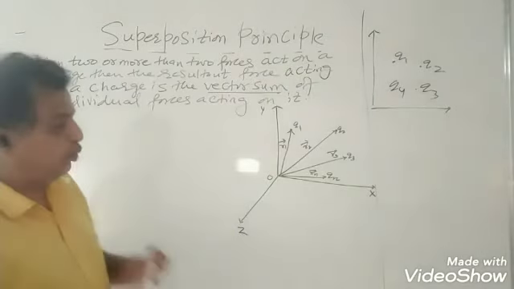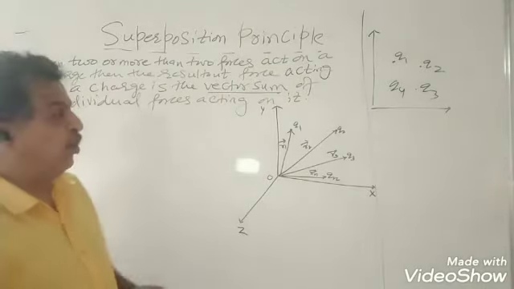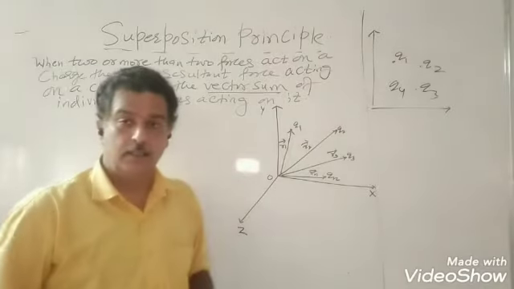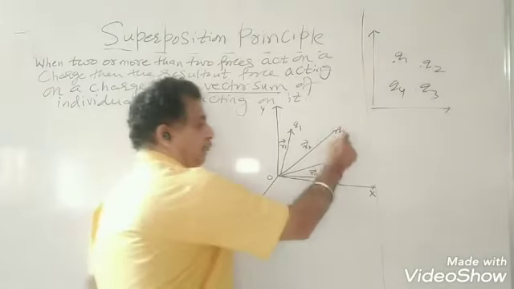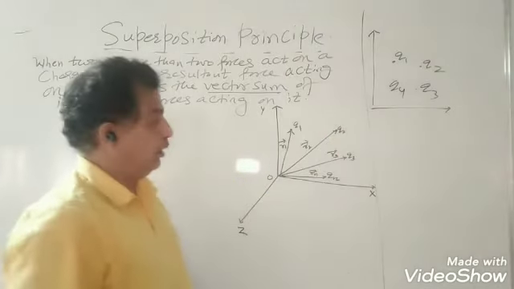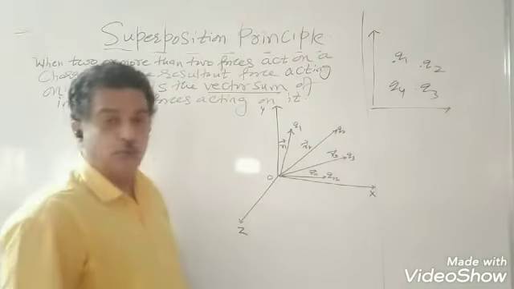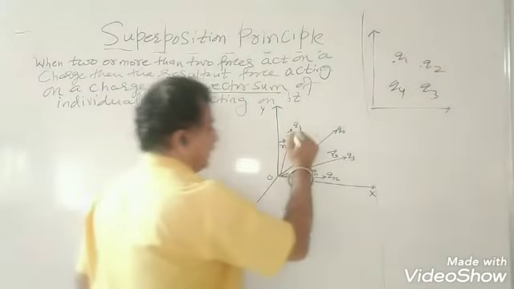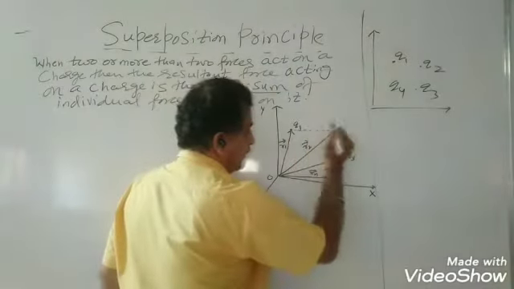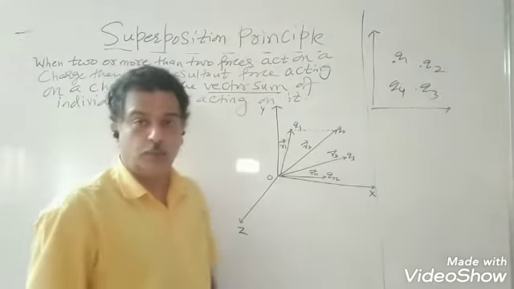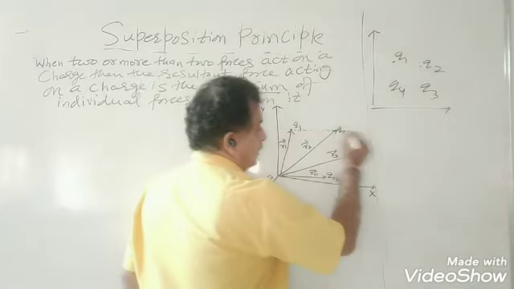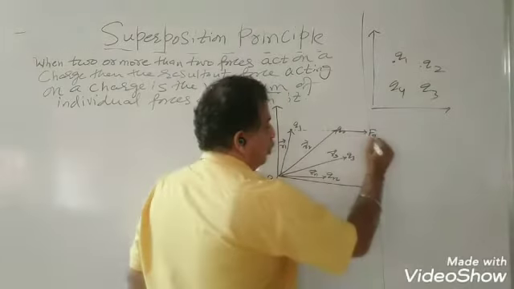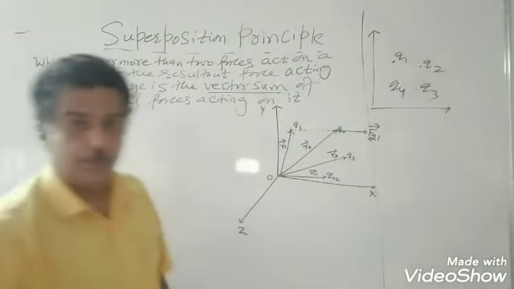So we have taken n charges in a system. Now I need to find out the force on any one particular charge. Let us take an example where we need to find the force on Q2. There will be a force acting on 2 due to 1. We know how to write the direction: we take all the charges to be positive, so there is a force of repulsion. So this is the force acting on 2 due to 1.